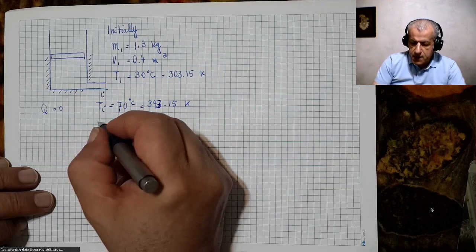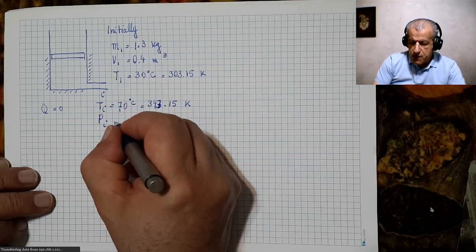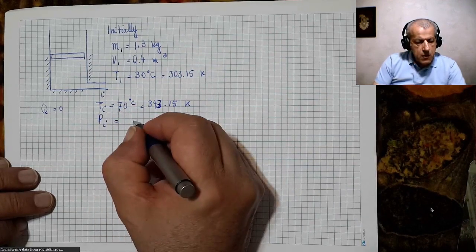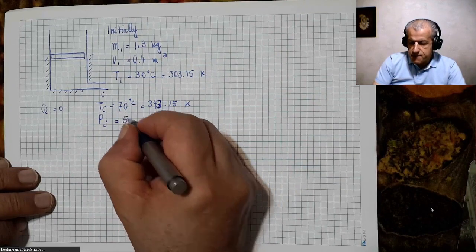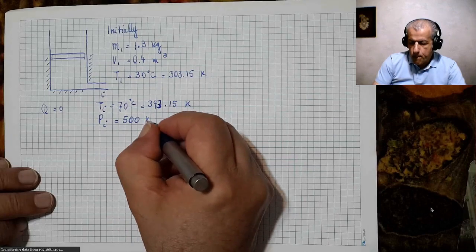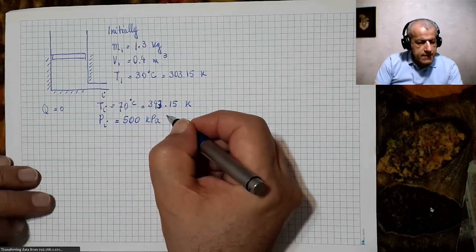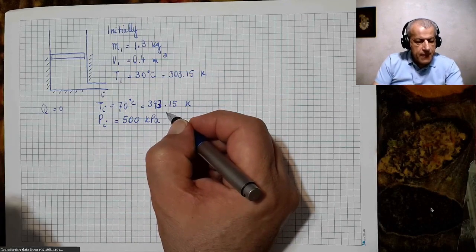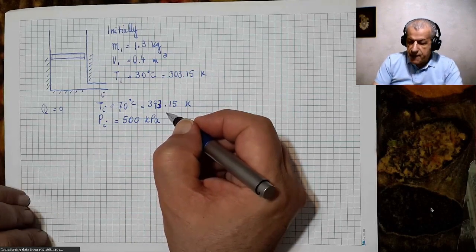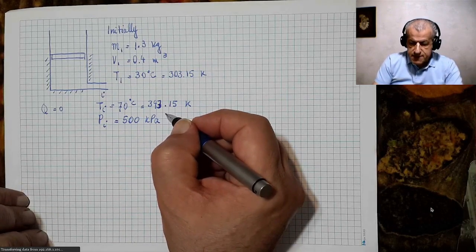That's the temperature, and the pressure for incoming flow is 500 kilopascals.